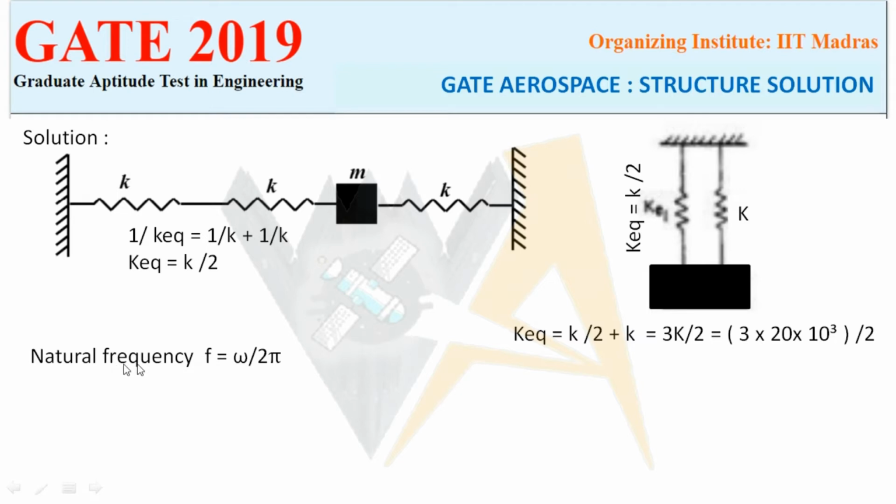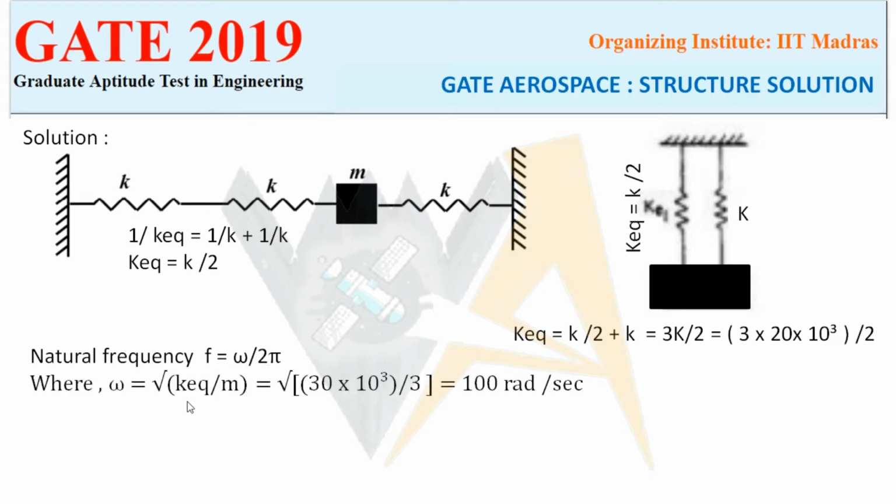Now in the question they have asked the natural frequency in terms of hertz. So this is the formula, that is omega by 2 pi. Now what is omega? Omega means root over k equivalent by mass. Now we know the equivalent value from this equation.